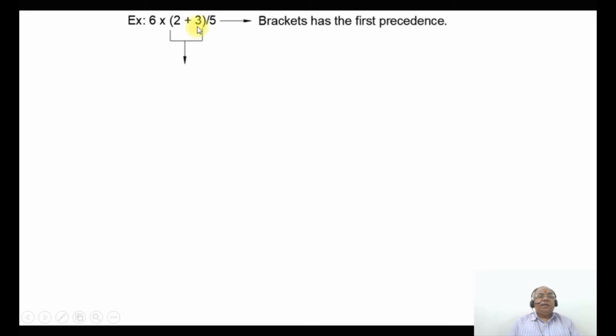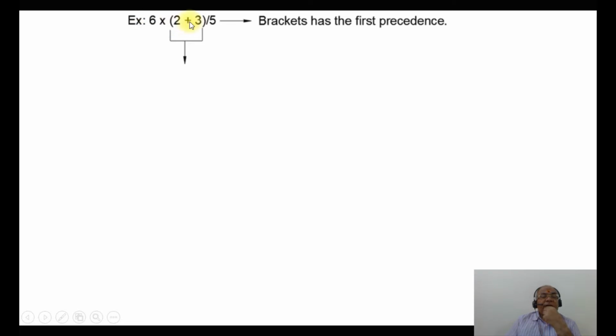For example, consider 6 into, open the bracket, 2 plus 3, close the bracket, divided by 5. First, what is going to be the result? According to the BODMAS rule, bracket is the first precedence. So whatever is in the bracket, we need to evaluate first.